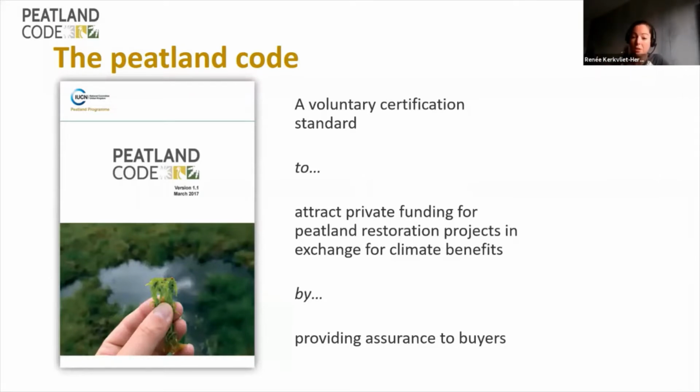It's about emission reductions, and it's not about carbon that's already stored in the peatlands, because that's not additional, and I'll come to the additionality issues later on. We've also got a number of eligibility criteria and legal and financial tests, and I'll explain about them later on.